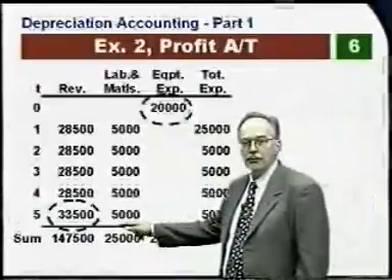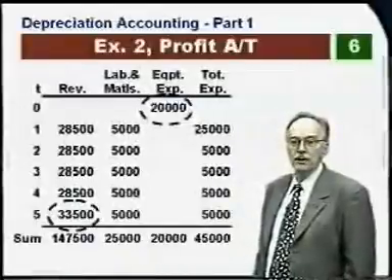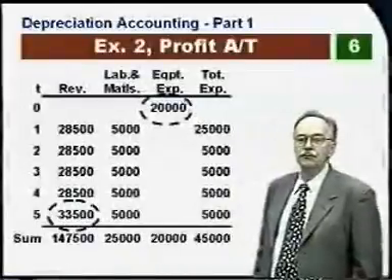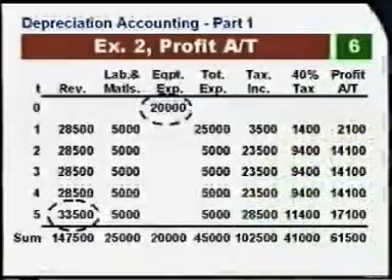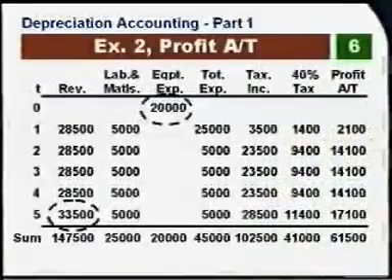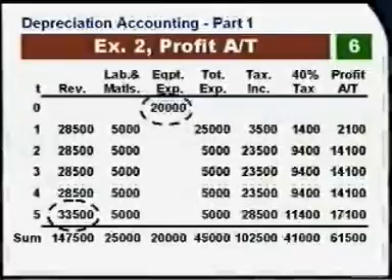Also note that as a revenue item in the 5th year, we have a $5,000 revenue from the sale of the used asset. The rest of the table follows in a very similar manner. We have our taxable income in the next column. In the first year, that's only $3,500 because of the very large $20,000 equipment expense.